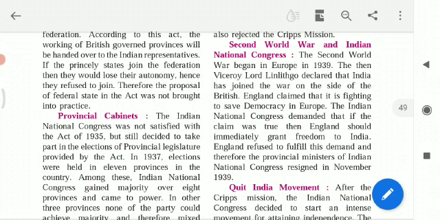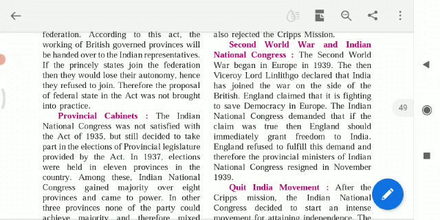England claimed that it was fighting to save democracy in Europe. Thereupon, the Congress demanded that if this claim was true, then England should immediately grant independence to India. As England did not accept this demand, Congress provincial ministers resigned in November 1939.